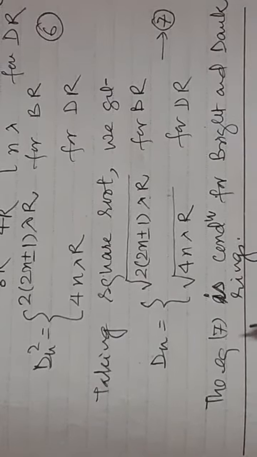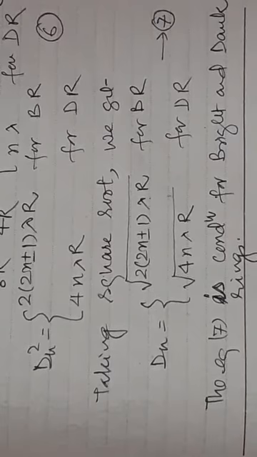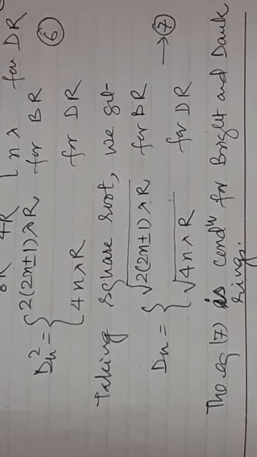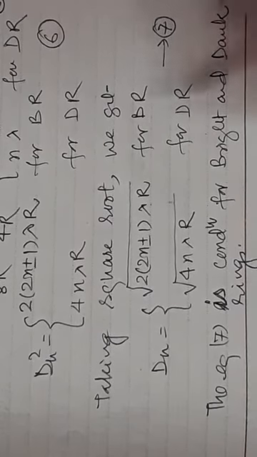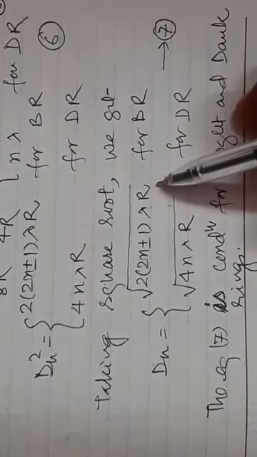This equation 7 states the condition for the bright ring and the dark ring. Now you observe in equation 7, the dependence on the wavelength lambda, R and the value of n.